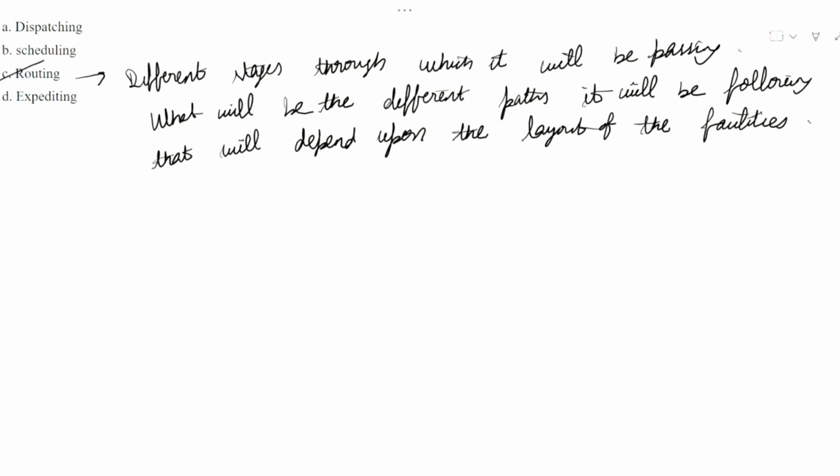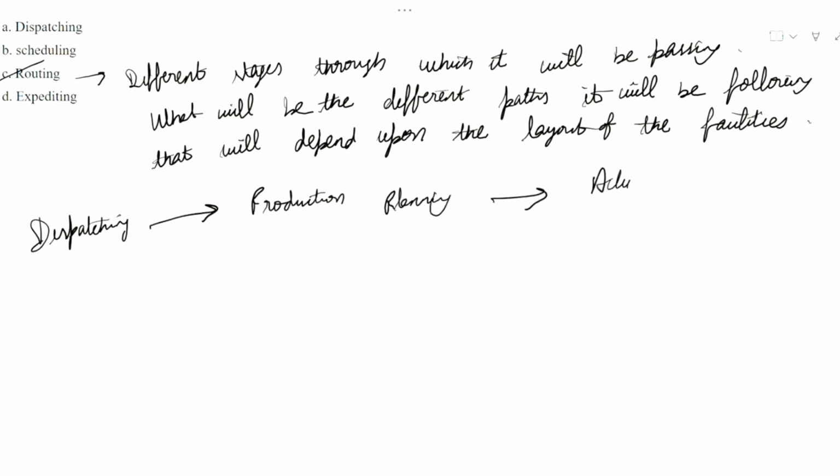So there are three phases. There is an action phase, like dispatching, production planning, and this is the action phase. In the action phase, we have production control.